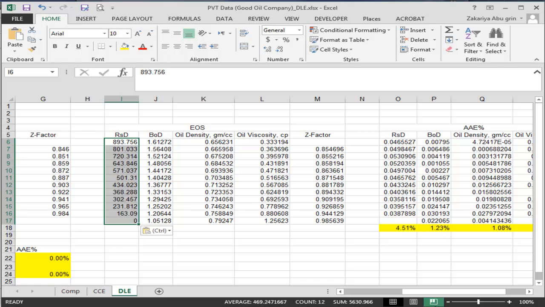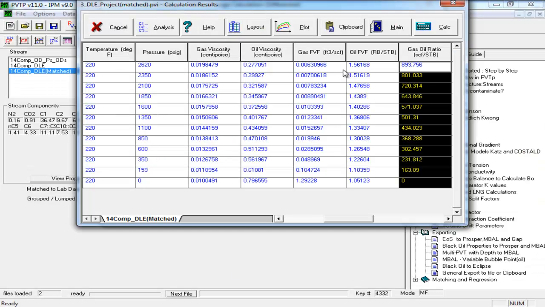You see now, we were able to achieve a value lower than 5% for RS. Let's see the other things. Oil formation volume factor.